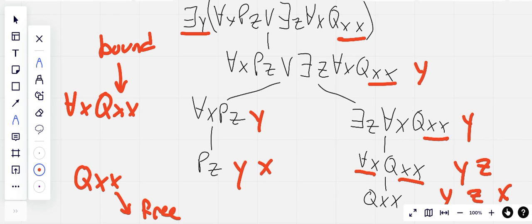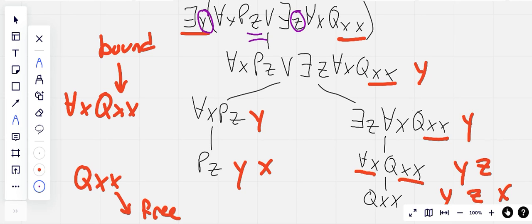So we might notice some strange things here. This y never bound anything, and here we quantified over z, but we didn't actually, and in other places, we used z, but that z never got bound by the actual quantifier. So the difficulty here is that we need to be very careful about how our parse tree is structured, because that tells you where things are actually in scope.